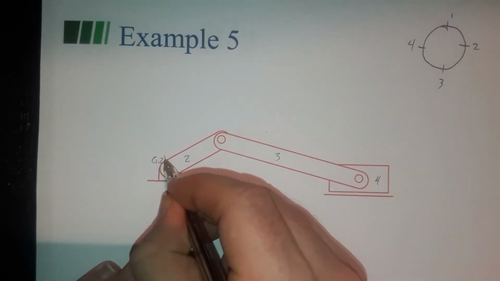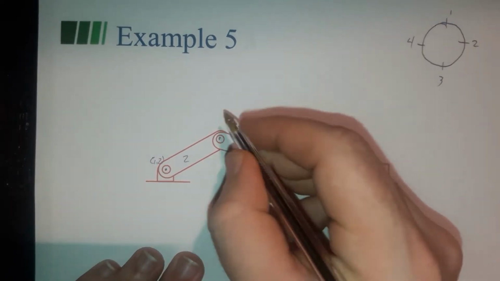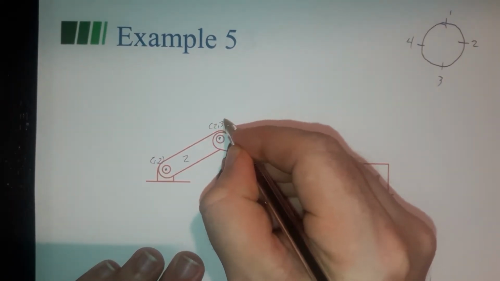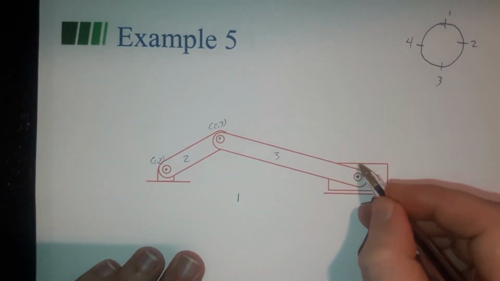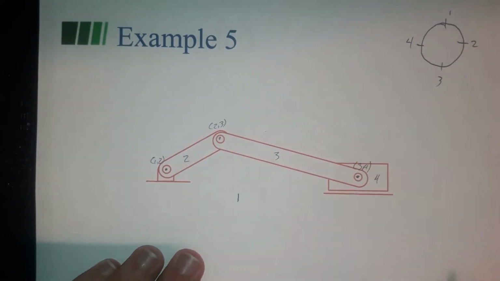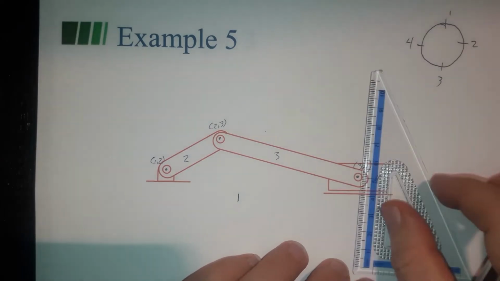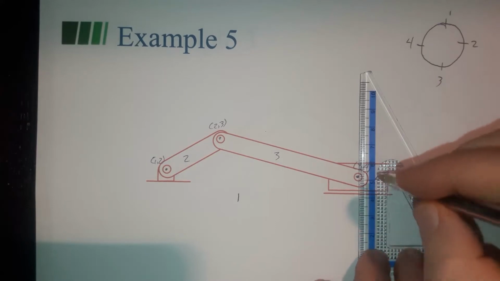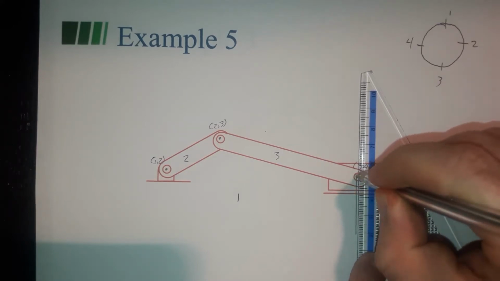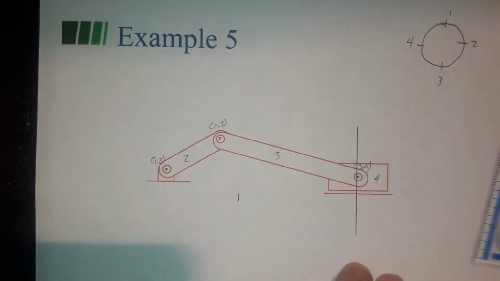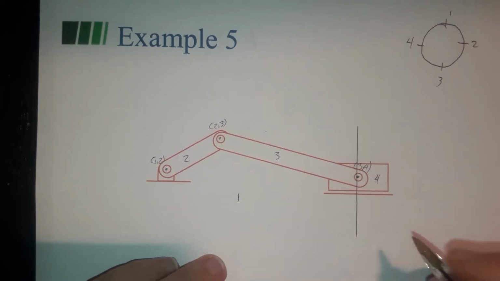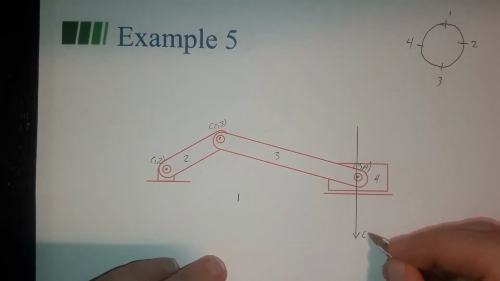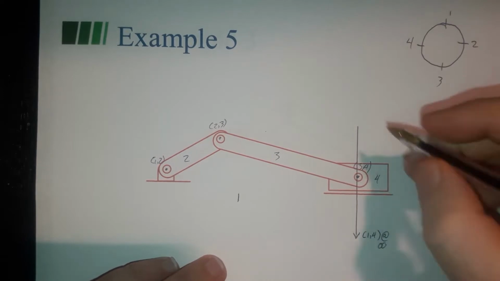Now there are 4 lower pairs in this particular mechanism, this crank slider. We have instant center 1, 2 at that pin, instant center 2, 3 at that pin, and instant center 3, 4 at that pin. Then we have instant center 1, 4, which is the instant center between the sliding link and ground, and we write 1, 4 at infinity.